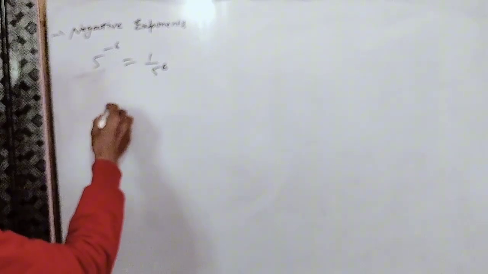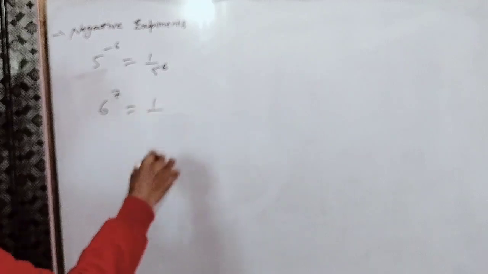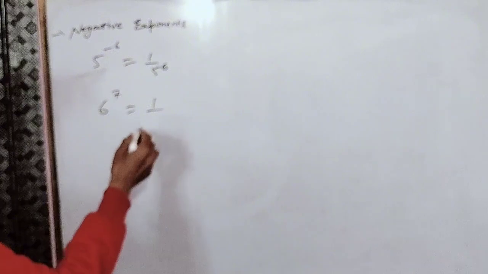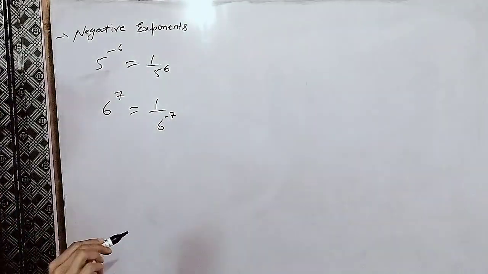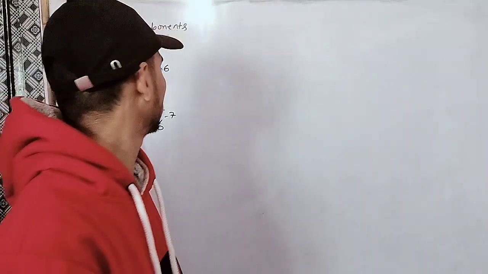Let's say now you have it like that. If you are writing like that, then our exponent would be minus 7, because here it is with addition.